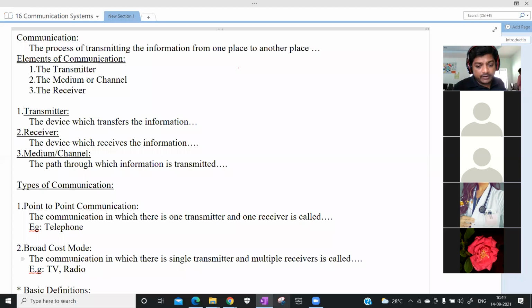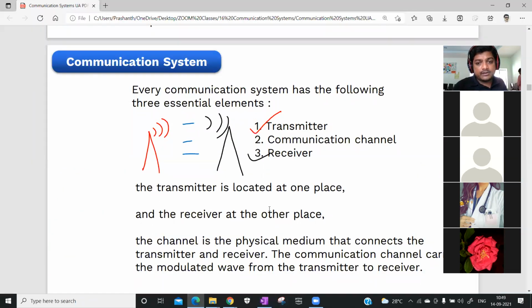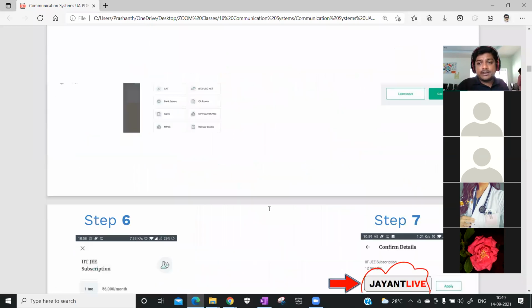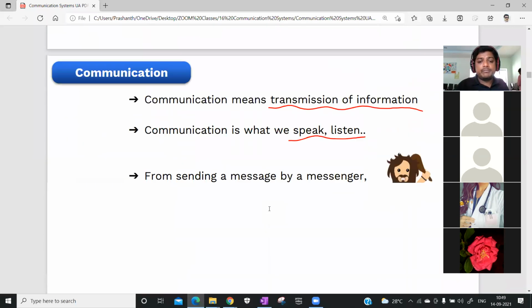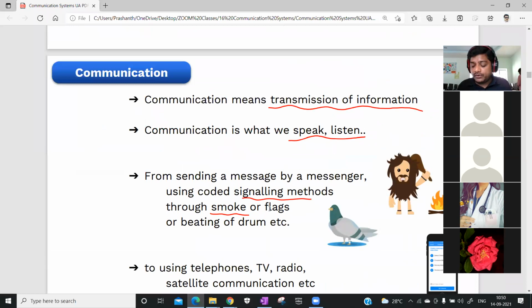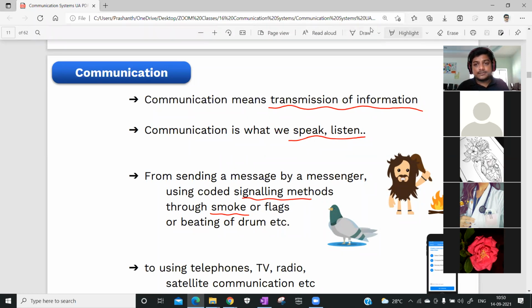If I explain it like this, it will take much time, so I am going to use this PDF. It is very easy for me to explain and for you to understand through pictures.